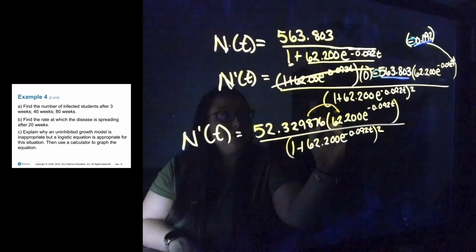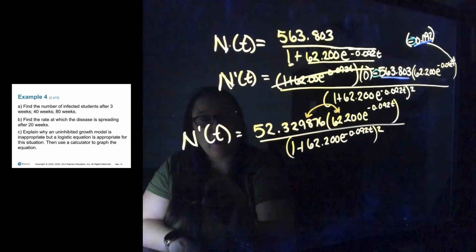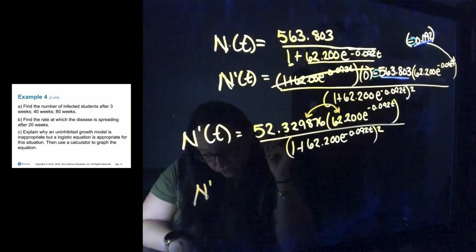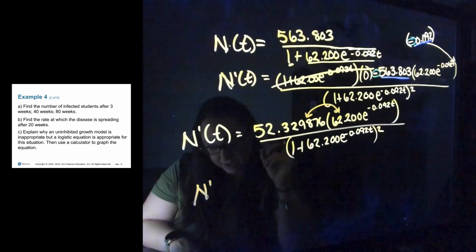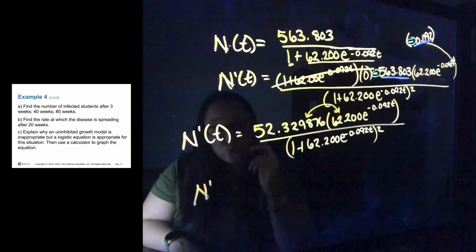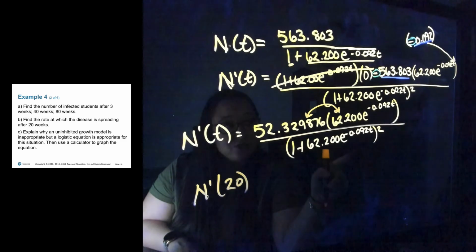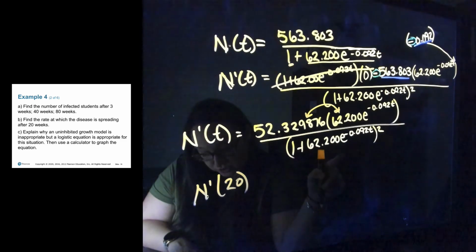We could multiply these two numbers out, but we don't have to, because our last step is we want to find the rate at which it is spreading through campus at 20 weeks. So then what we would do is take 20, and we would substitute that 20 into this function.